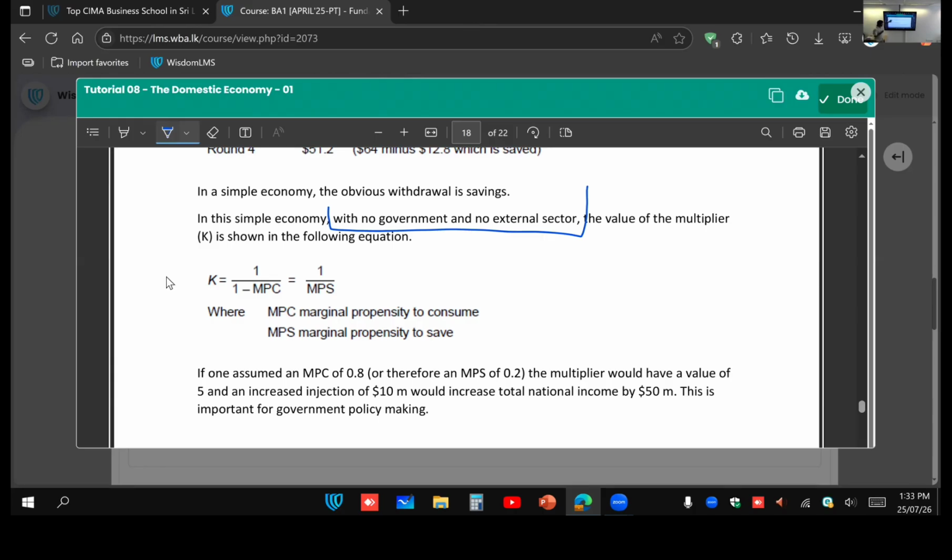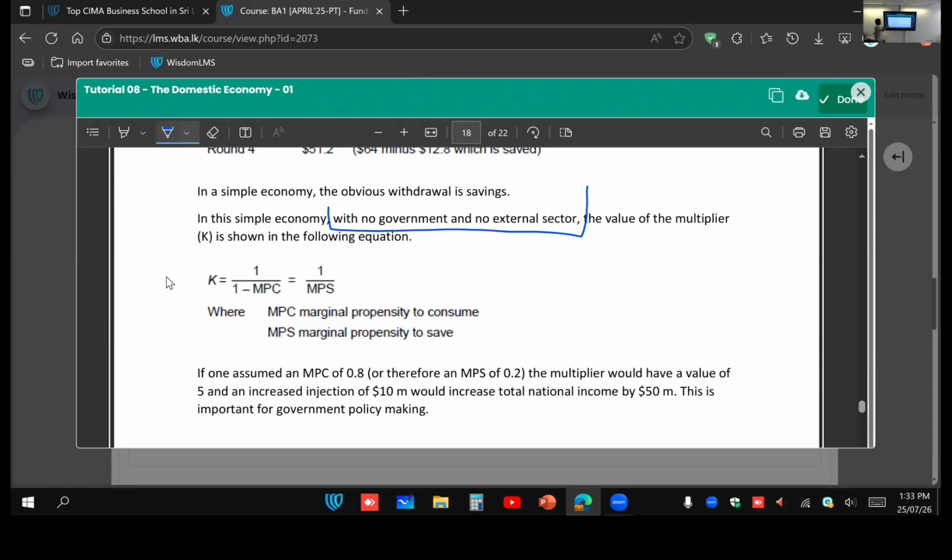So 1 minus MPC means what you consume is after the reduction of what you save. This is because there is no external sector or government involved. If the government was there, I can't talk about this. Why? Taxation comes in.